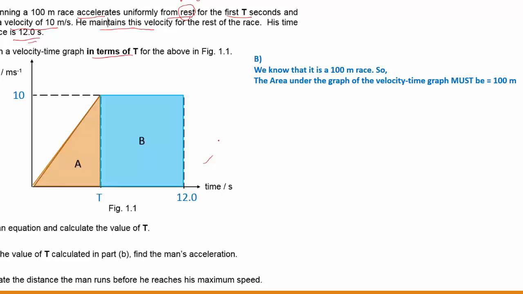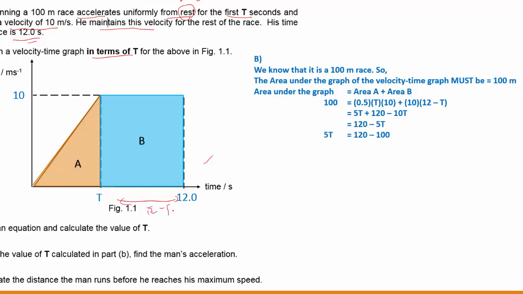The area is A and B. So 100 meters must be equivalent to area A, which is a triangle, half times base times height in terms of t, and area B is just base times height, which is 10 times (12 minus t). By simplifying, you would be able to get t equals 4 seconds.